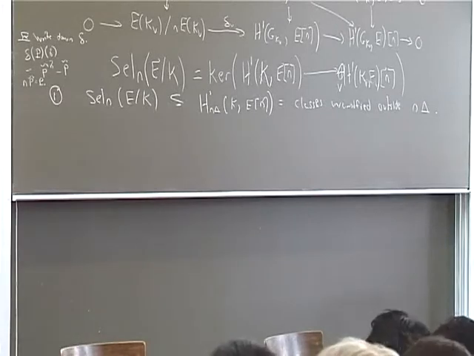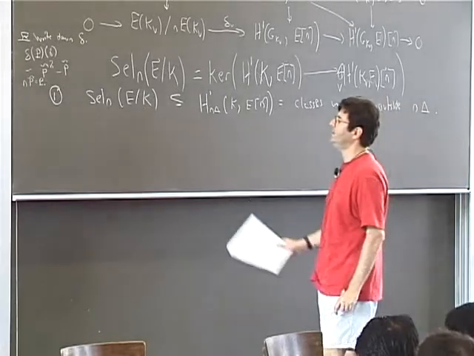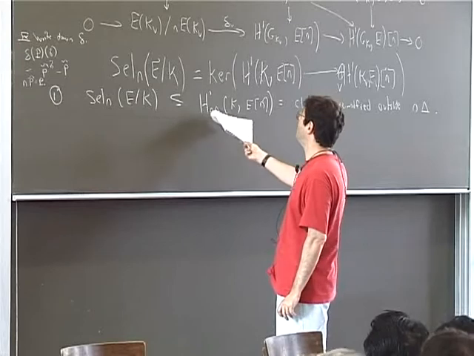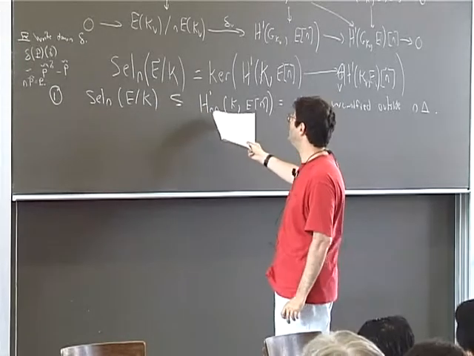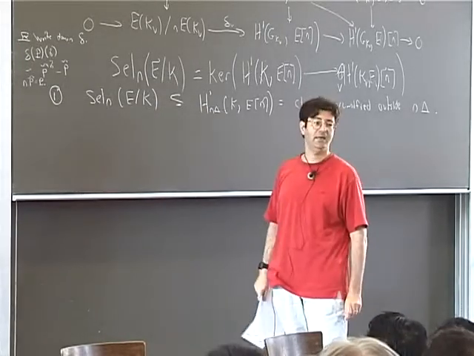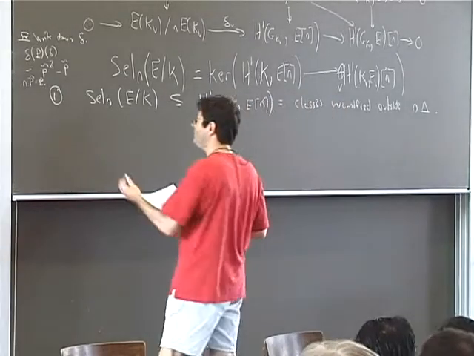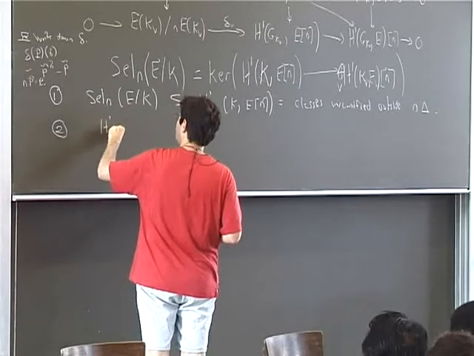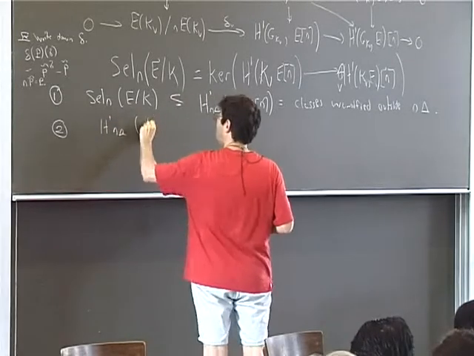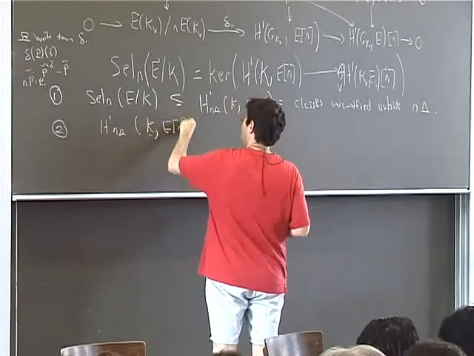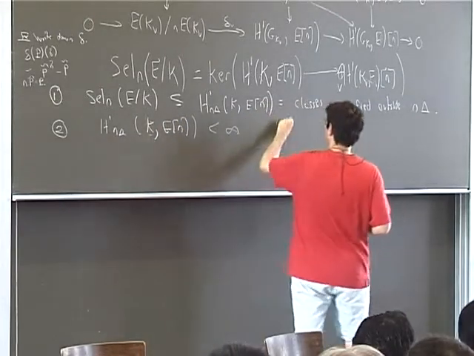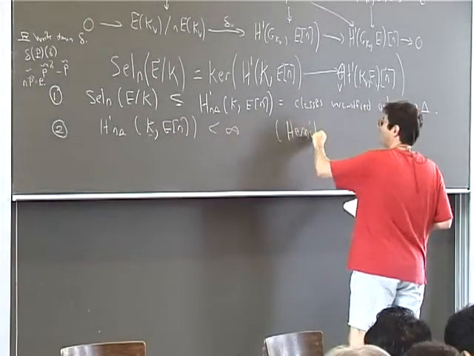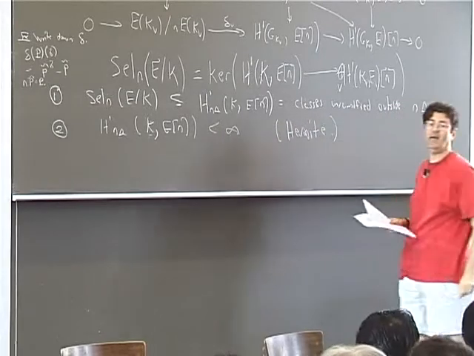And what you see from that is that you can make a local analysis and see that these cocycles are unramified outside the primes dividing NΔ. That's the first point in the proof. And then you make a global analysis, and H1_{NΔ}(K, E[N]) is finite. That follows from the theorem of Hermite by exactly the same kind of arguments that we saw last week.